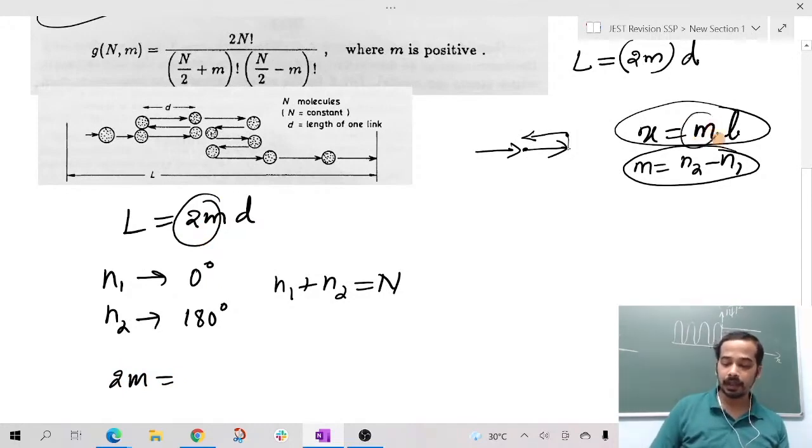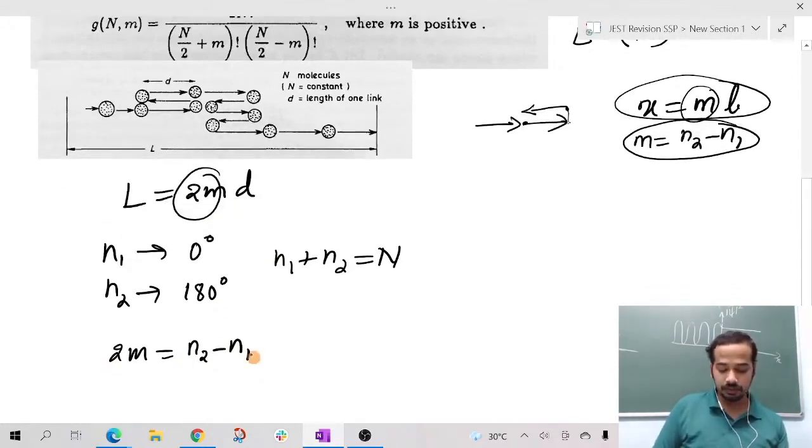Here we take m, the usual symbol we take in Reif's book, but he gave 2m here. This multiplicative factor should be equal to n2 minus n1. It all depends, but try to make it positive, because the length should always be a positive quantity. So I'll take 2m is equal to n2 minus n1 and n is equal to n2 plus n1.